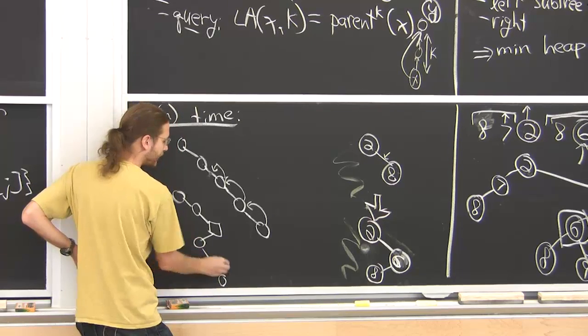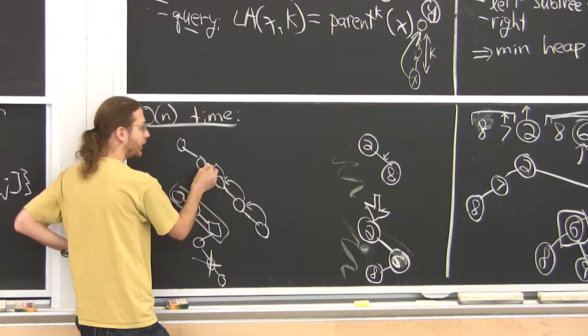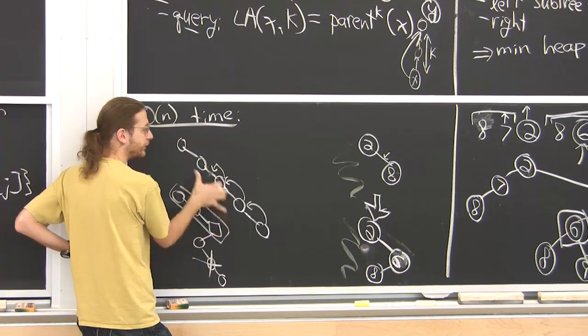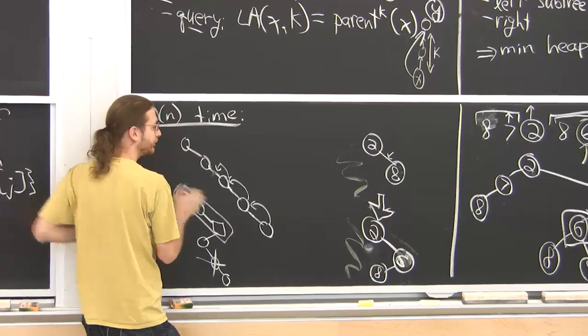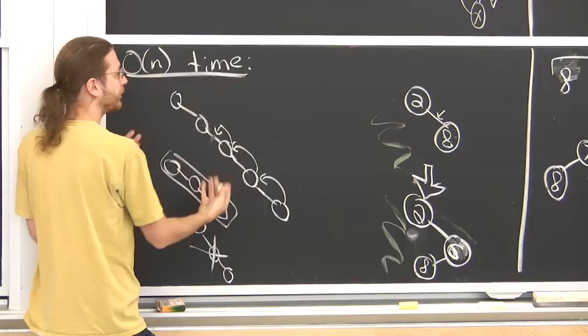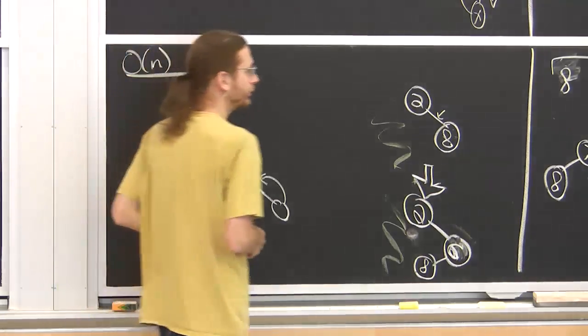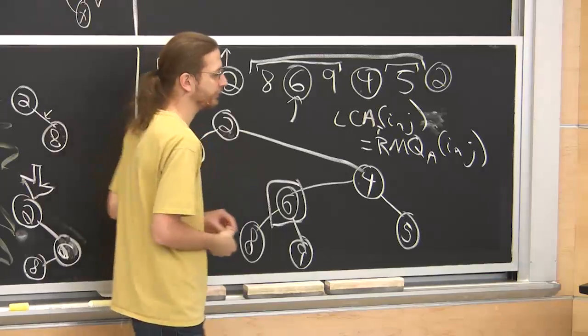But this stuff becomes irrelevant from then on, because now this is the new right spine. And so if this is a long walk, I charge that to the decrease in the length of the right spine, just like that algorithm last time. Slightly different notion of right spine. So same amortization, you get linear time, and you can build the Cartesian tree. This is actually where that algorithm comes from. This one was first, I believe.